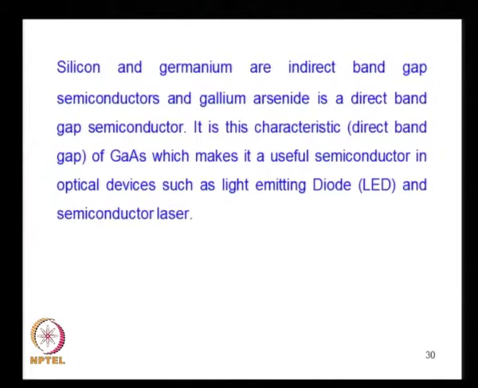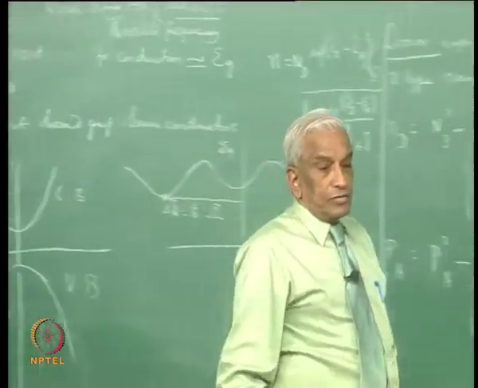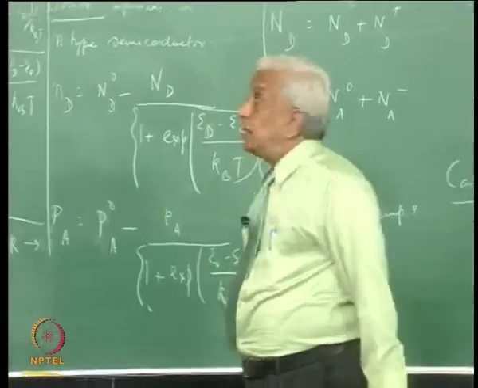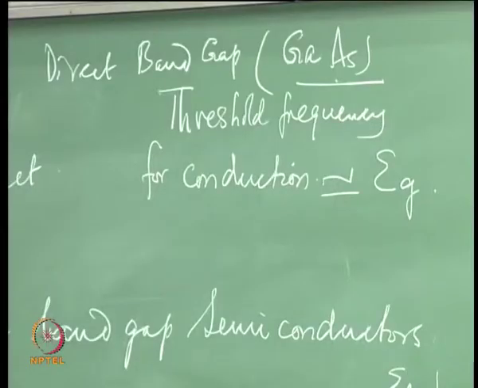So, it is because of this that gallium arsenide is a very useful semiconductor in, for example, optoelectronic devices, LEDs, semiconductor lasers and so on.